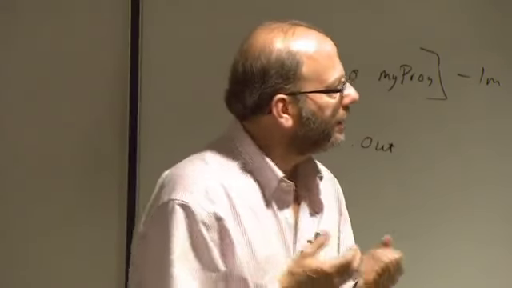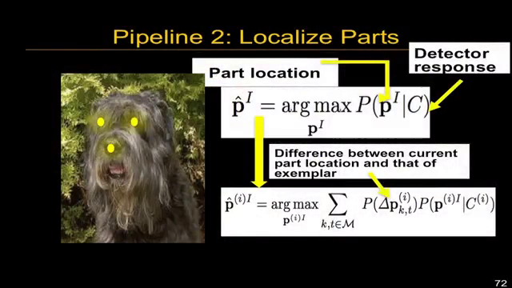And so we can put this all together as a Bayesian inference where our goal is to figure out the location of these parts given the detector response. We can break this into a computation that separates out the location of each individual feature given the detector for that feature, combined with the difference in location between the inferred location of that part and where the model says it would be.